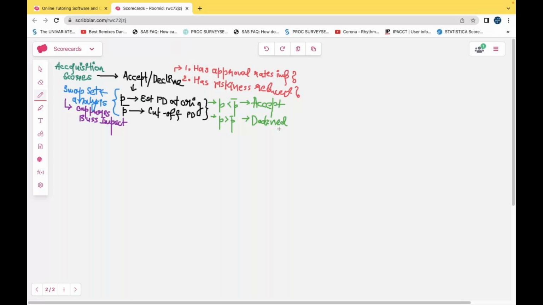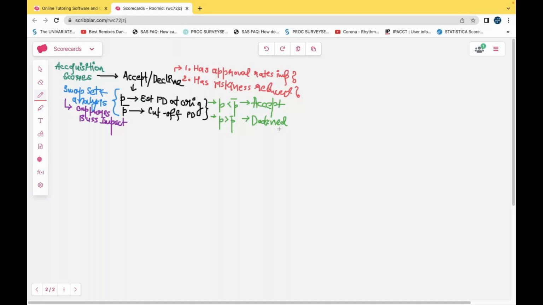So an acquisition scorecard would put a certain impact on the strategy through two parts. One, if it is an effective strategy, the approval rate should go up. If the model is a good model, then you should be booking borrowers with relatively better risk, right?